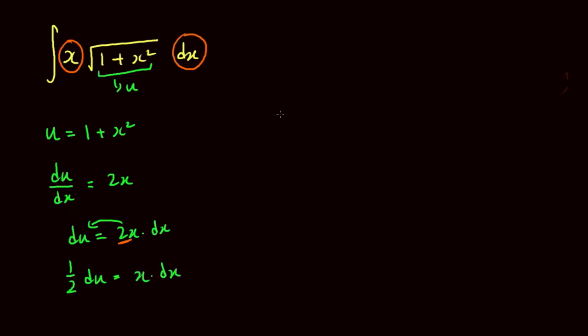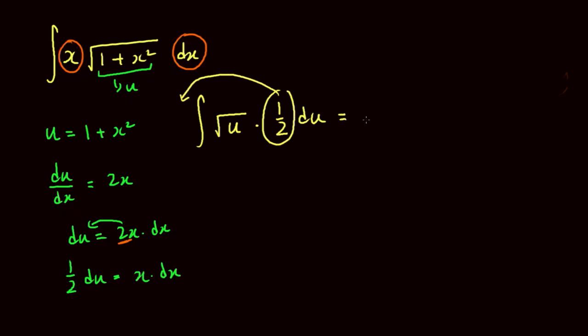Okay, now your problem becomes much simpler. Your integral becomes the square root of u times half du. Now half is just a constant, so you can simply bring it outside, and you're left with half times the integral of u to the power of half with respect to u. So it's very straightforward.